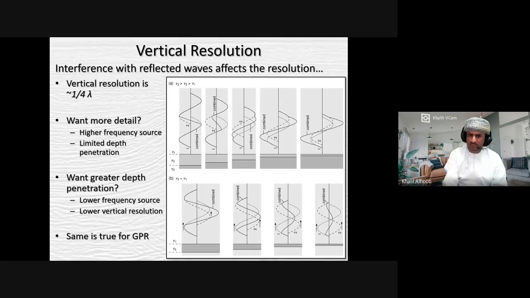So don't assume that seismic reflection can give you everything, that you can go to the center of the earth and get a very detailed image. No. There is this trade-off at the end of the day. You need to balance the frequency you send and the resolution you want to get.